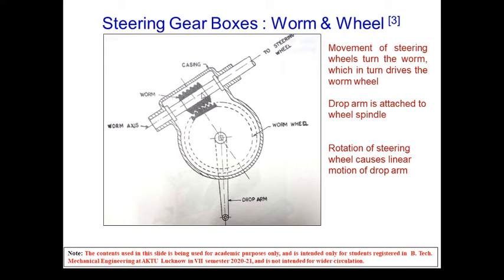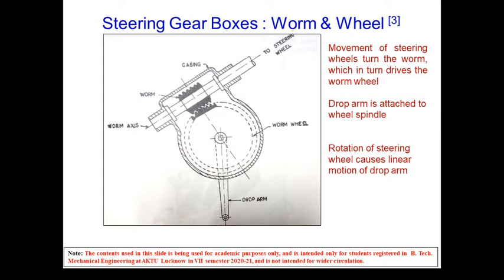When we turn the worm, this wheel will also rotate, and the rotation of the wheel will cause this drop arm or pitman arm to oscillate. This will shift its position here and here. As we have seen in the steering linkage system, the movement of the pitman arm causes linear motion of the track rods, tie rods, or link rods.